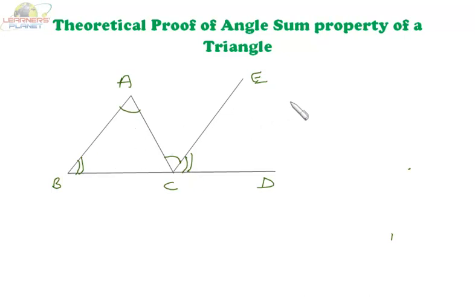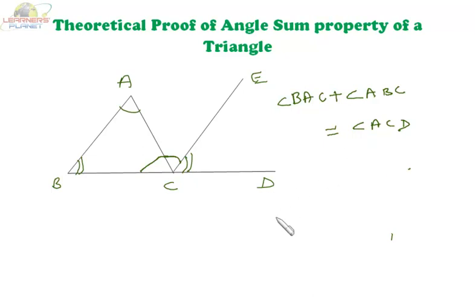We have already established that this exterior angle is the sum of these two interior angles. I just write over here angle BAC plus angle ABC is equal to angle ACD. Now, since this is a straight line, this complete angle will be 180 degrees.